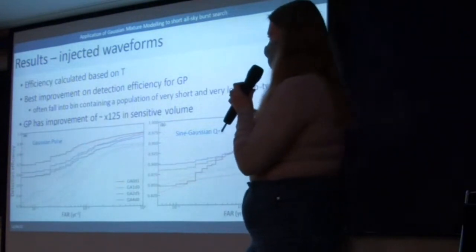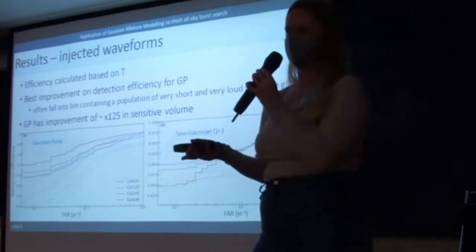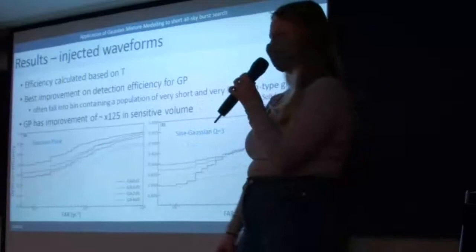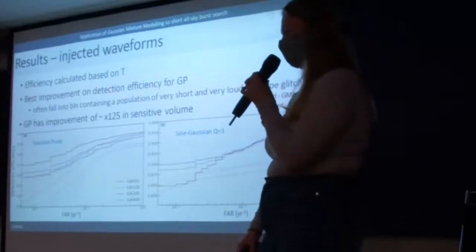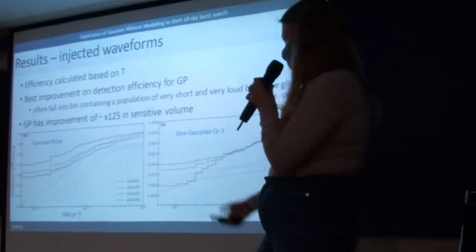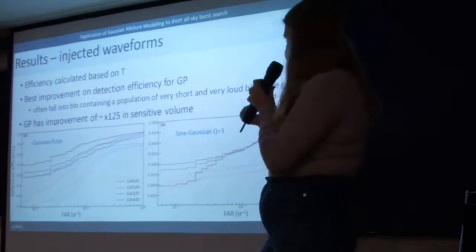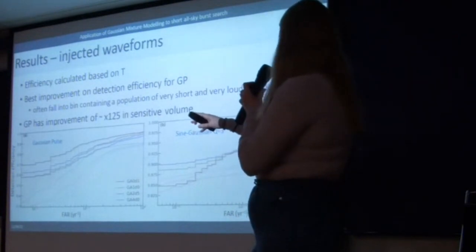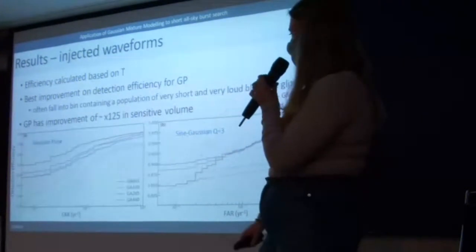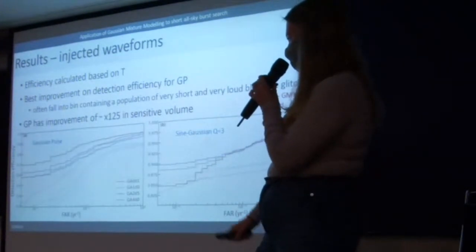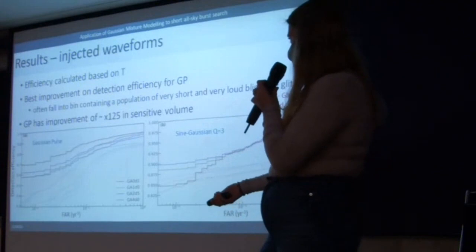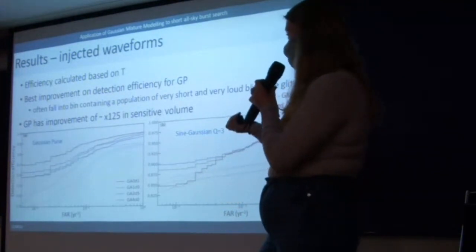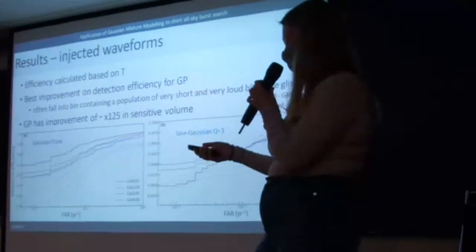Since these waveforms often fall into the noisy bin containing the blip glitches, that's why there's such a big improvement. So we can conclude that GMM mitigates the effect of blip glitches. I should have said, the solid lines are the GMM plus CWB algorithm, whereas the dotted lines are CWB alone. So the Gaussian pulses have an overall improvement of around 125 times in sensitive volume.